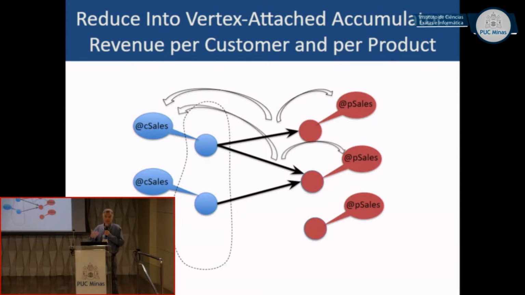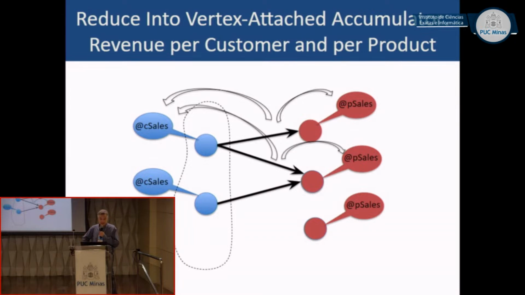And here you see one of the issues. This customer has bought two products. There are two edges that work in parallel, computing a revenue, and they have to add it to the same customer's total sales. And this has to be done carefully so as not to have the write of one edge override the other.